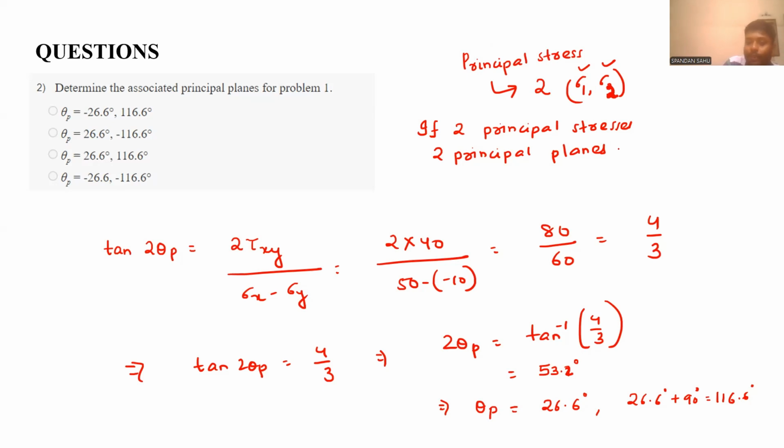If we have two principal stresses, then two principal planes will be there corresponding to each of the stress components, that is major and minor. If not, then I will draw some figure to let you understand more. If it is okay, then I will proceed further.